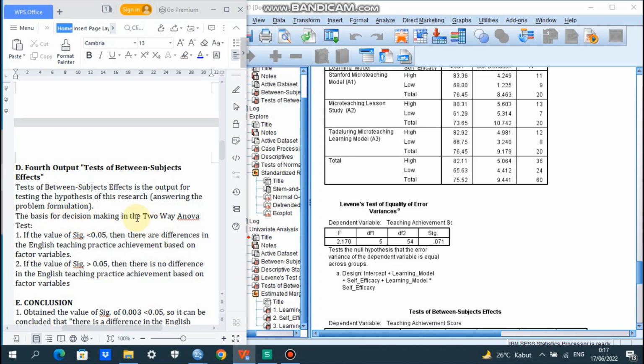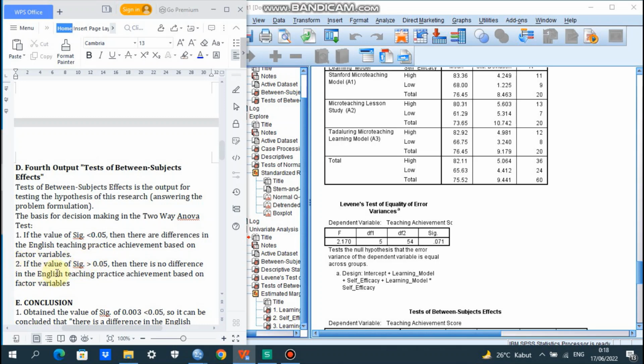The basis for decision making in the two-way ANOVA test: number one, if the significance value is less than 0.05, then there are differences in the English teaching practice achievement based on the factor variables, the learning model variable and the self-efficacy variable.